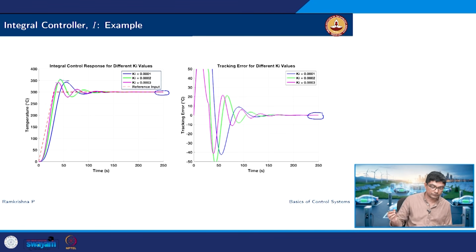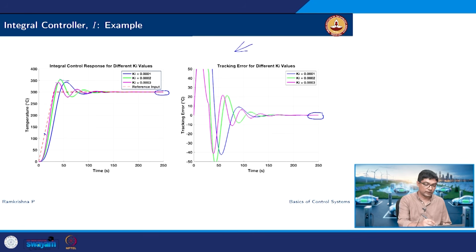And then this is my reference here. What we also see is that the error now with respect to the ramp is also decreasing. In the earlier case, for the first ramp, the error was always increasing.